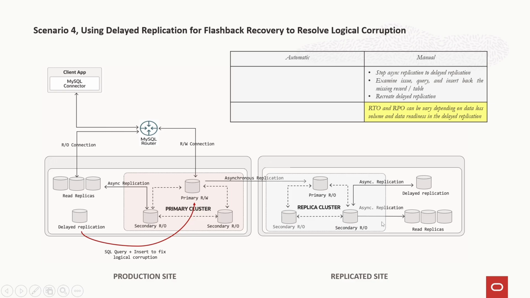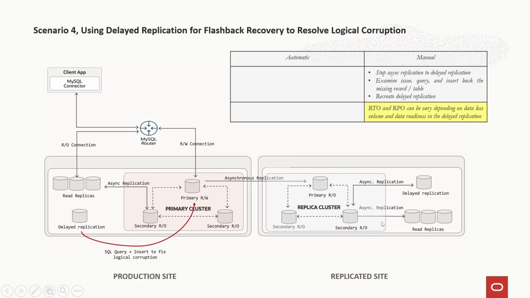And then, if we have a logical corruption, okay, a junior DBA or junior developer drops a customer table or truncates the customer table. Even though we have all the servers, one mistake will drop or truncate the entire database server. What do we need to do?